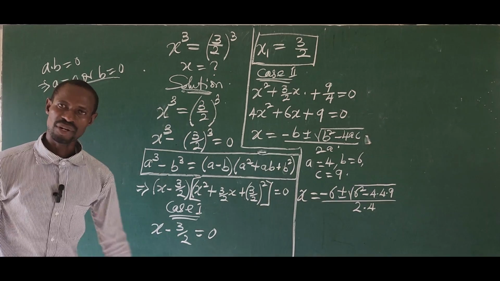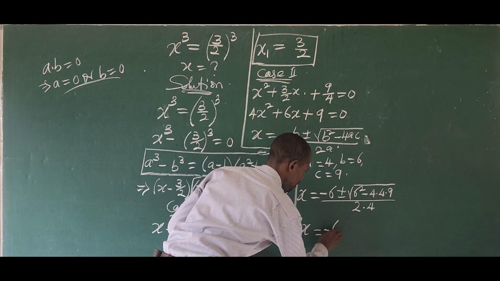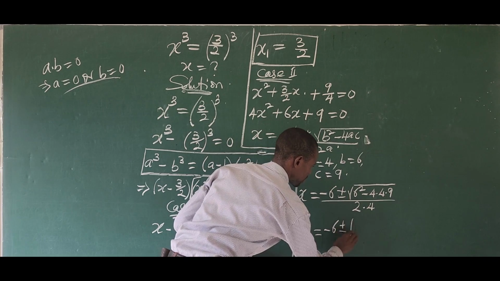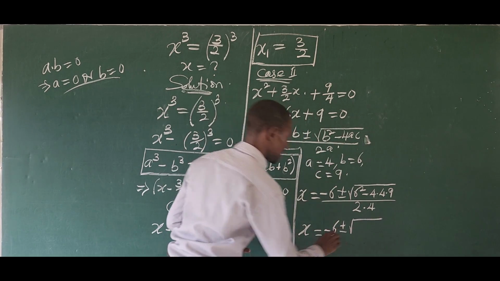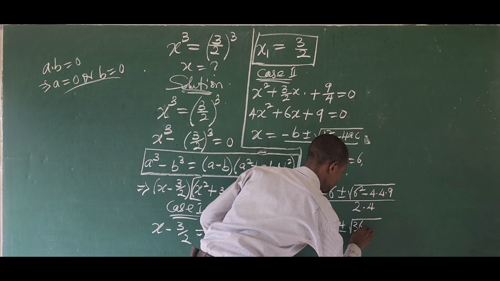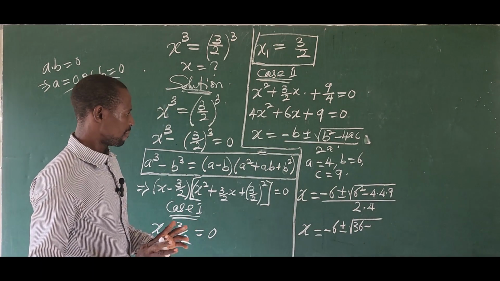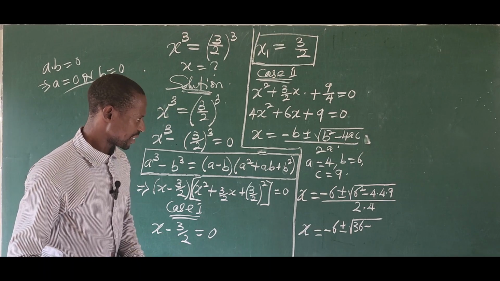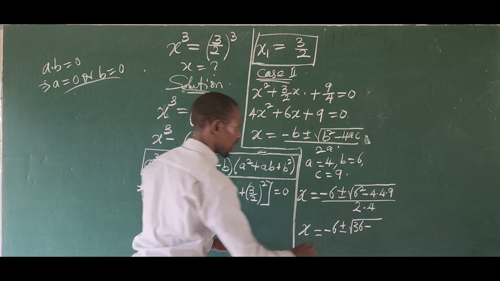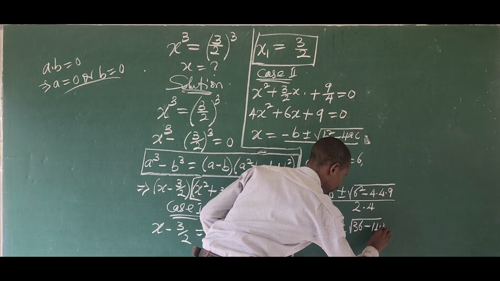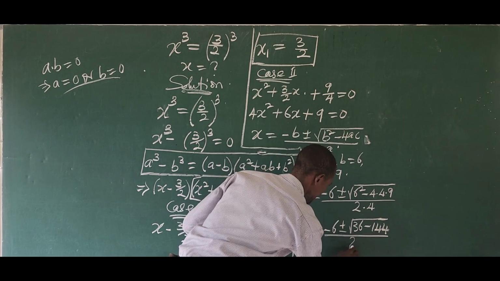Okay, good. So if we simplify further, x will now be equal to minus 6 plus minus the square root, 6 to the power of 2 will give us 36, then minus 4 times 4 is 16, 16 times 9 will give us 144, all over our 8.